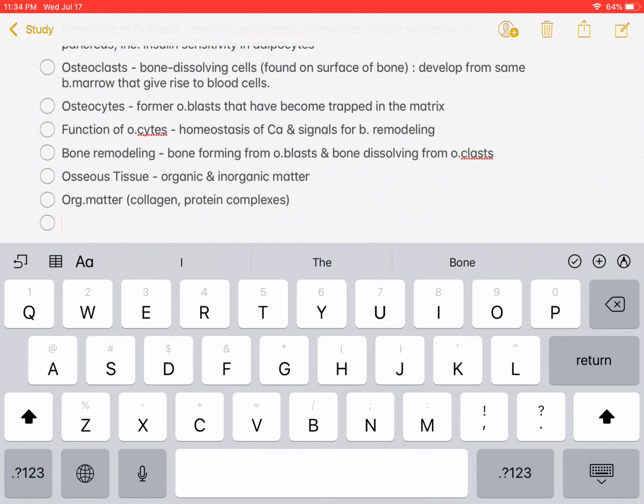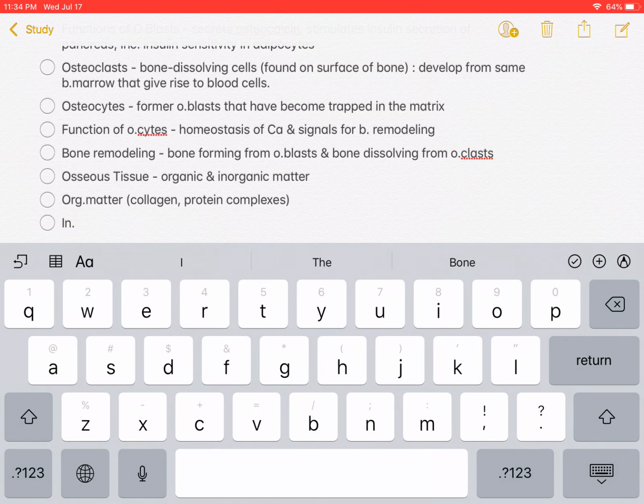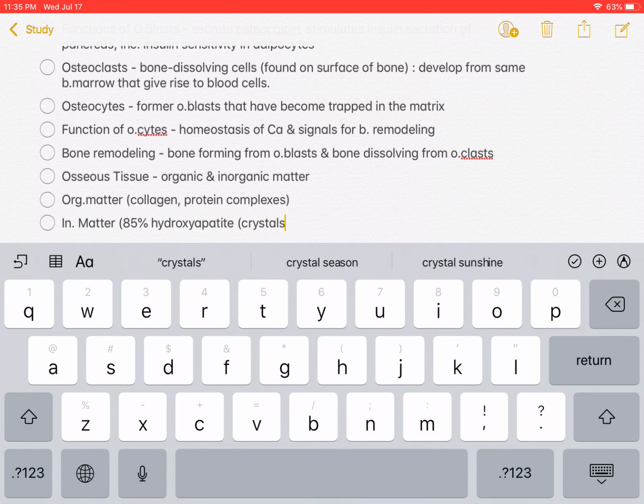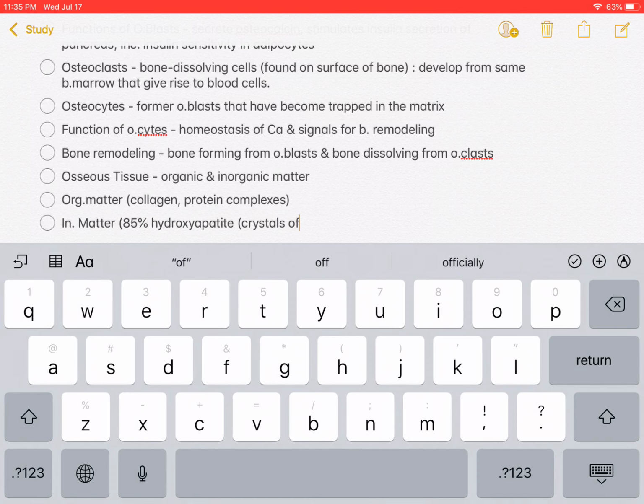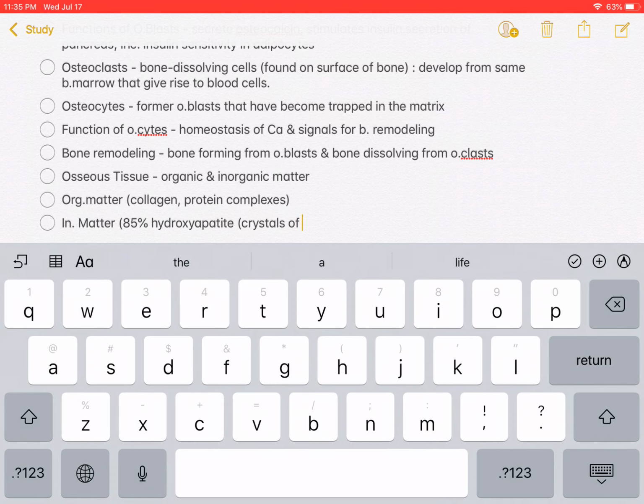And for the inorganic matter, we are going to look at, it's 85% hydroxyapatite. We have here crystals of calcium phosphate salts.